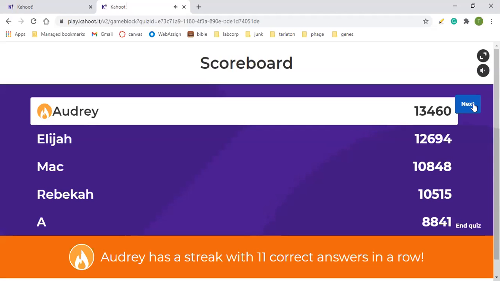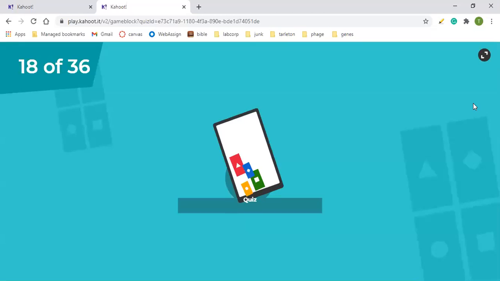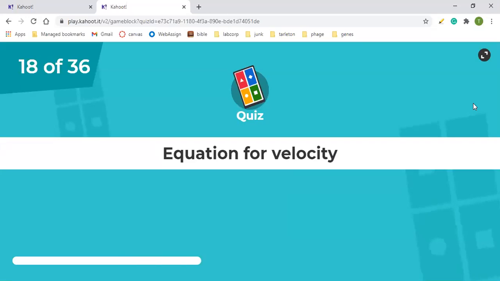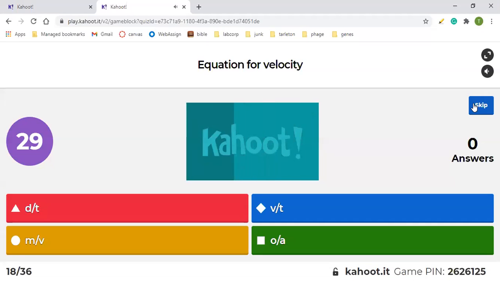Your acceleration formula is velocity divided by time, so that'll be another handy equation to have.